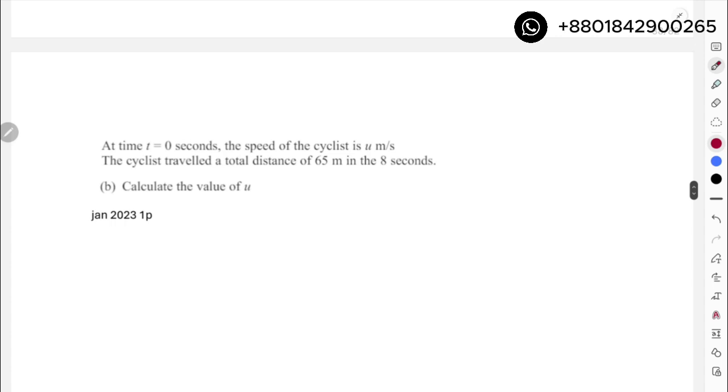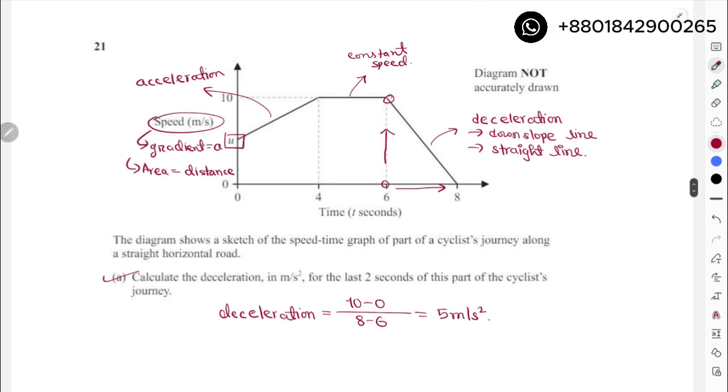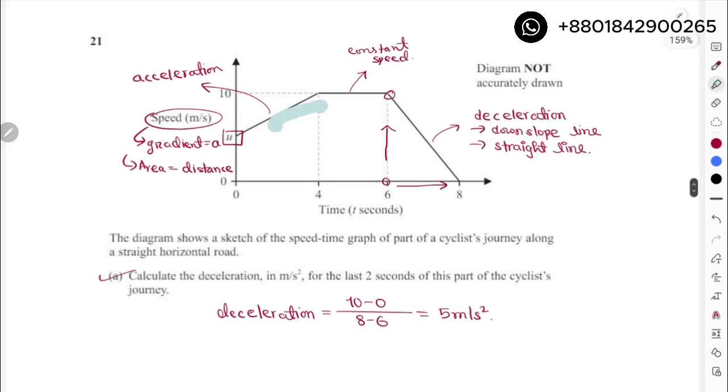After this, they were asking that when time equals 0 seconds, the speed of the cyclist is u meters per second, and the cyclist has traveled a total distance of 65 meters in 8 seconds, and you need to calculate the value for u. Okay, so this is the value for u that you want to calculate. One thing they have already provided is the total distance for this entire part of the journey, 65 meters in 8 seconds.